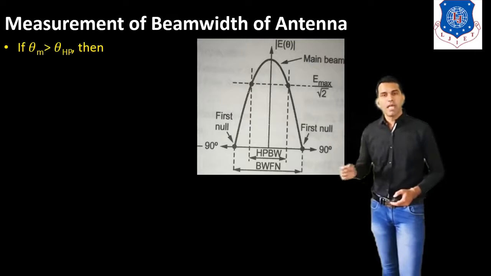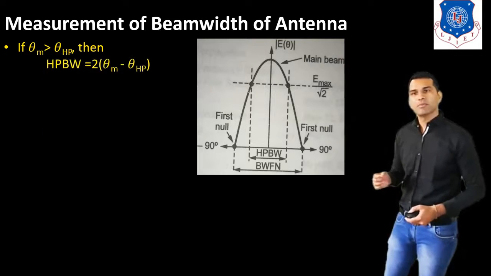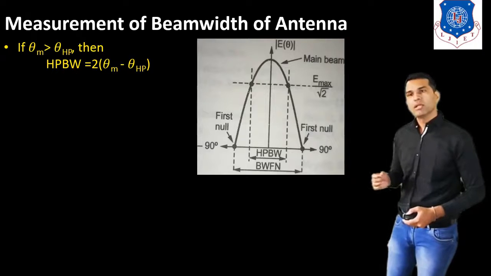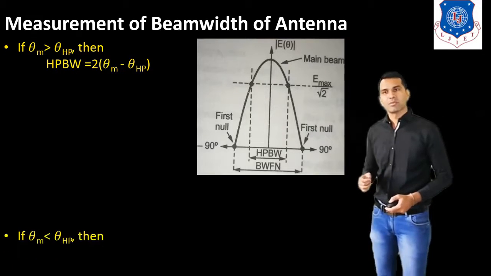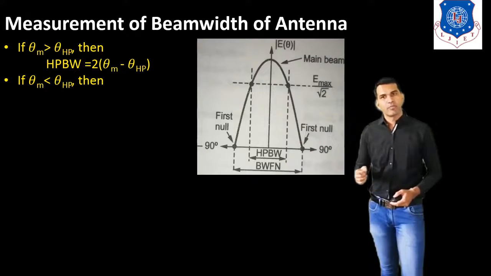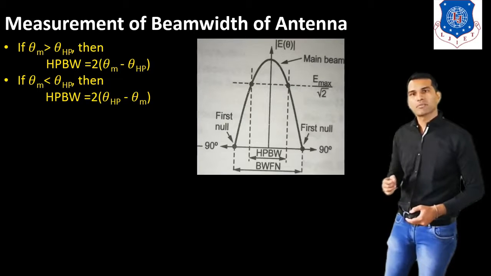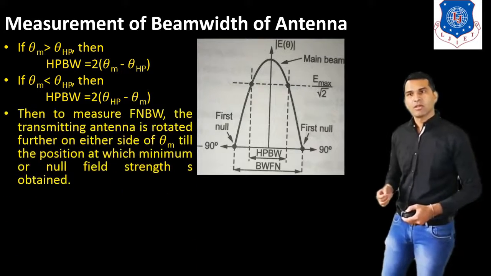So if theta m is greater than theta SP, then we can write HPBW equals 2 (theta m minus theta SP). And if theta m is less than theta SP, then HPBW equals 2 (theta SP minus theta m).